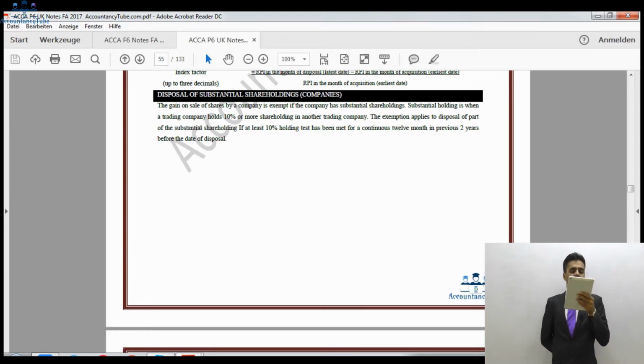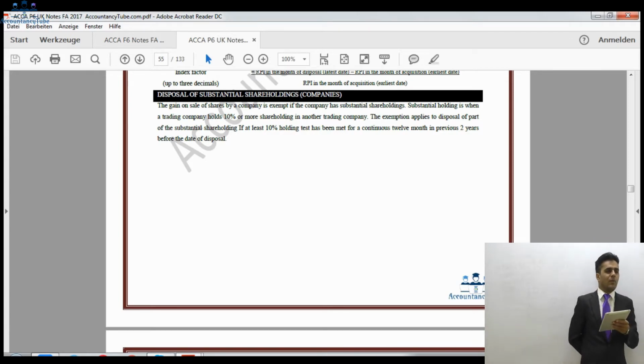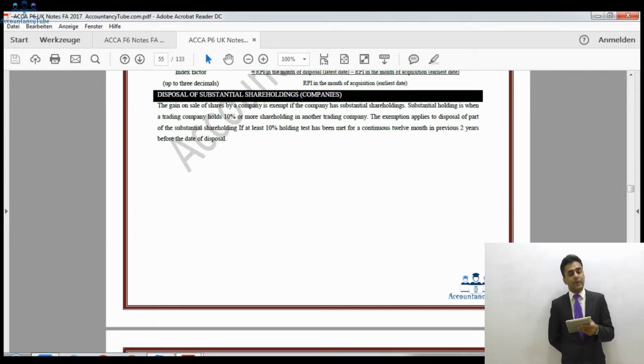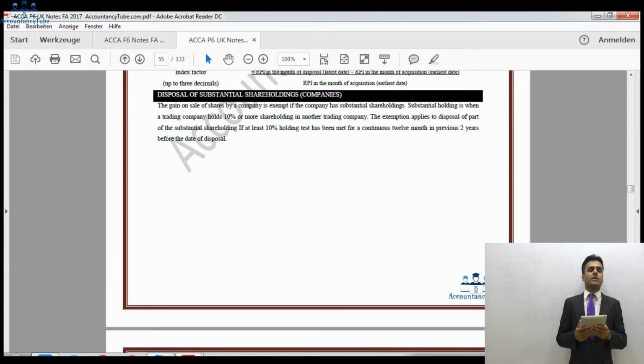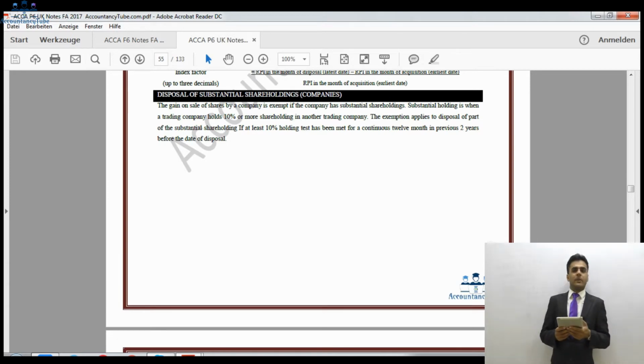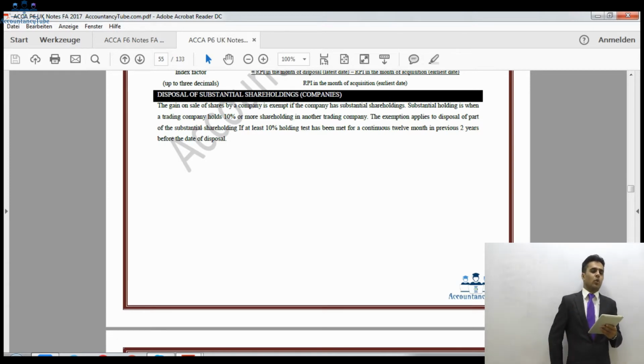Now the gain on sale of shares by a company is exempt. Whenever one company sells its shares, the gain made on that would be exempt if certain conditions are fulfilled. What are the conditions? The company which is selling the shares must be a trading company. The company whose shares are being sold is also a trading company. So the selling company and the company in which it holds shares are both trading companies, and the selling company must hold 10% shareholding in that company.